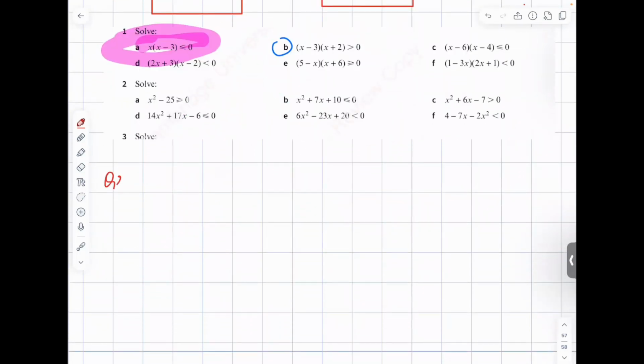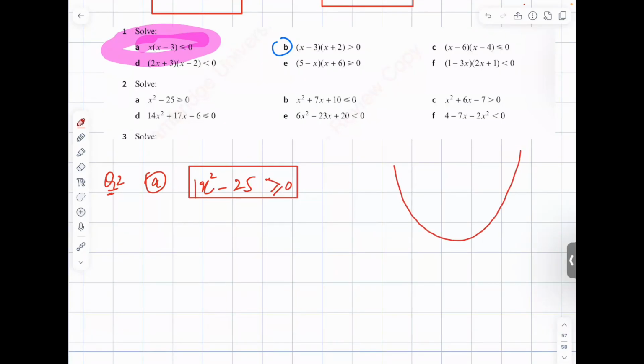So for question number 2, part A, for example, that is x square minus 25 is greater than equal to 0. Now coefficient of x square is positive. That means it has to give us a concave up or opening upward, right? So x square minus 25, let's solve it. Its corresponding equation is going to be x square minus 25 is equal to 0. x square minus 5 square equals to 0.